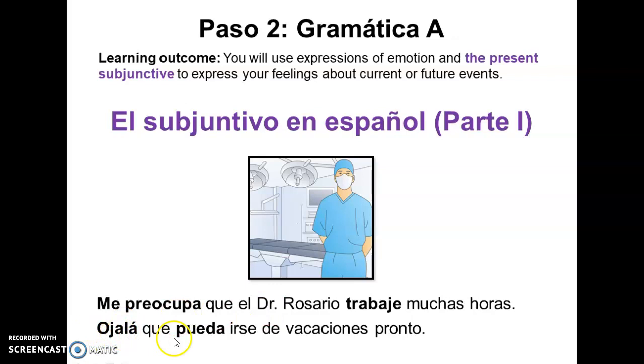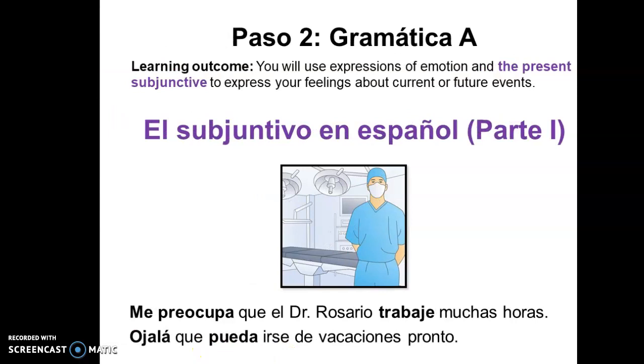Ojalá is when we wish something: ojalá que pueda irse de vacaciones pronto. So, hopefully, he can go on vacation soon. Ojalá also expresses this idea of a concern. I hope, or we hope that he can go on vacation soon.